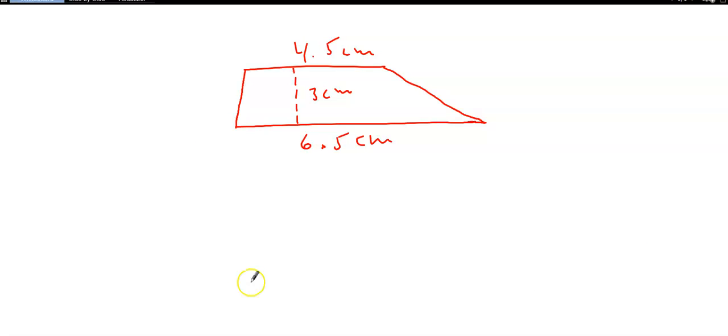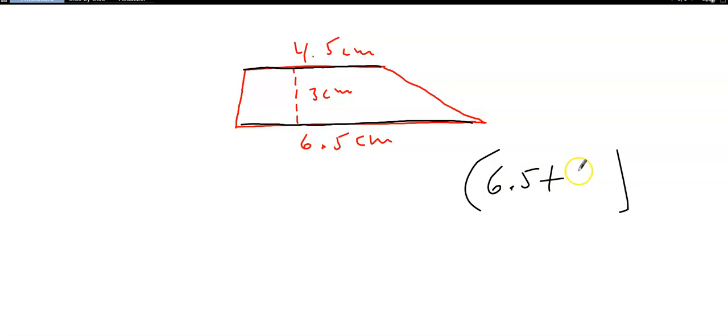Alright, in the next problem we have the two bases as the two parallel sides. This one and that one. So we add those first. 6.5 and 4.5. After you add those, we multiply by the actual height of the figure, which is going straight up as 3.